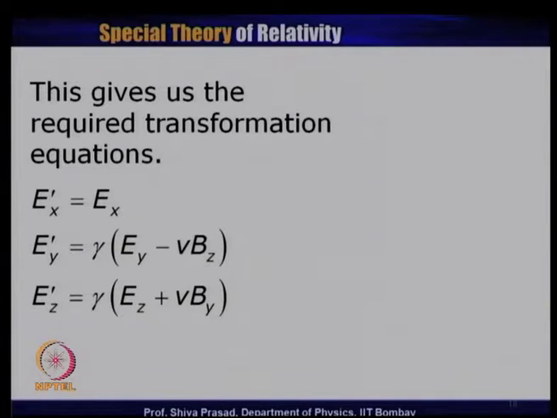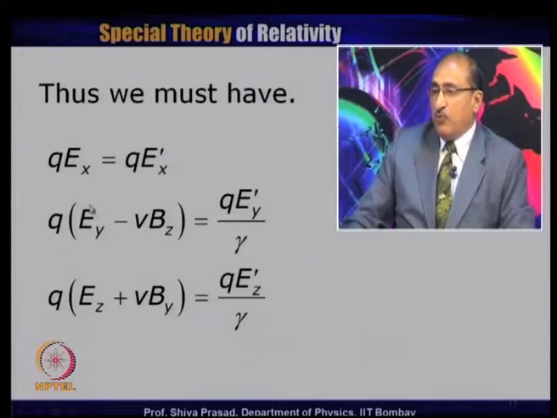This is just writing these equations in simpler form. As I said, Ex prime is equal to Ex. If you look at the next equation, the Q will cancel out, the gamma will come to the other side, and this will give me Ey prime is equal to gamma times Ey minus VBz.